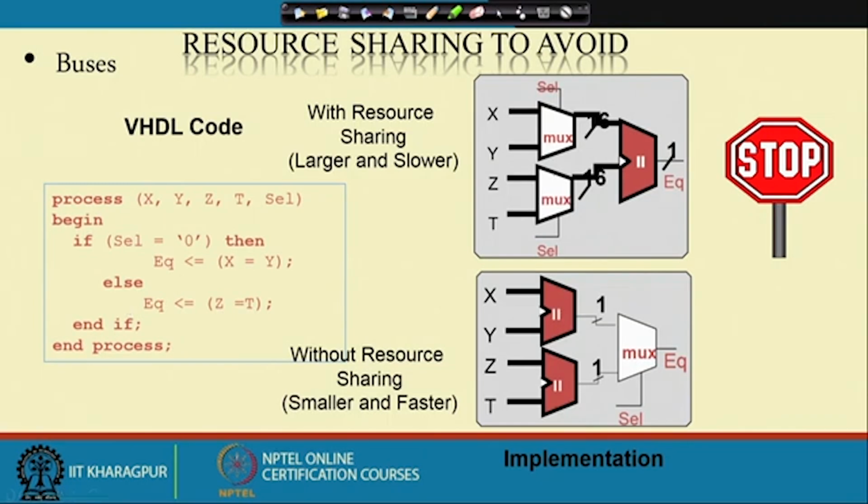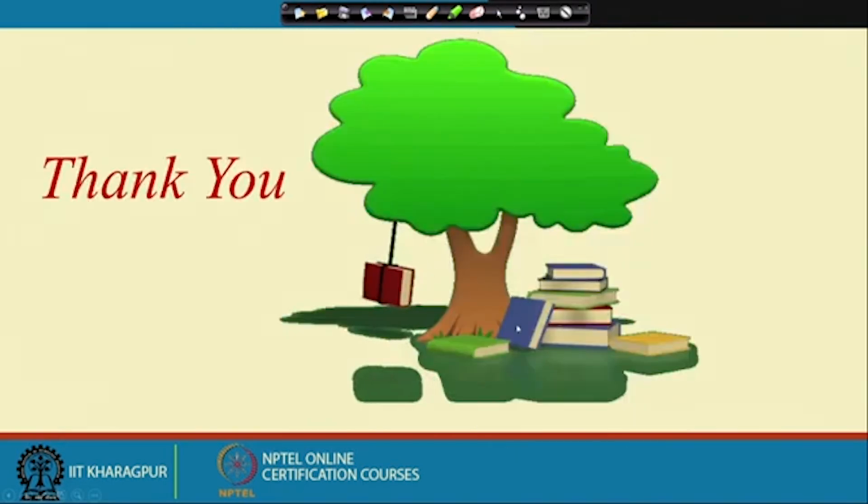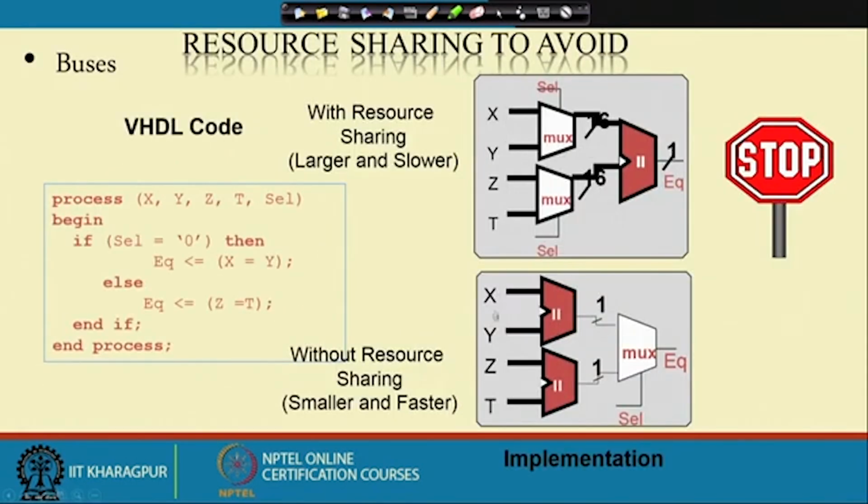So, the direct implementation says that x is first compared with y, that is a scalar unit, and z is compared with t, and then that goes to the mux.